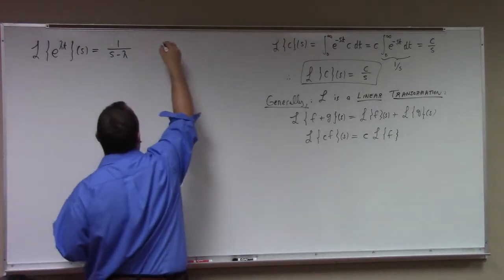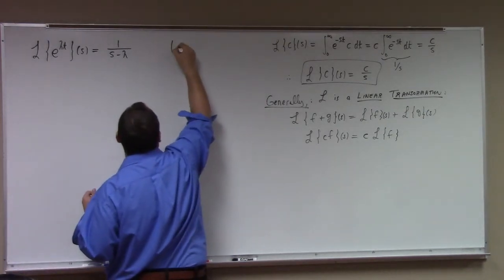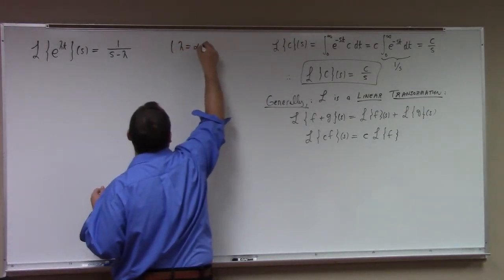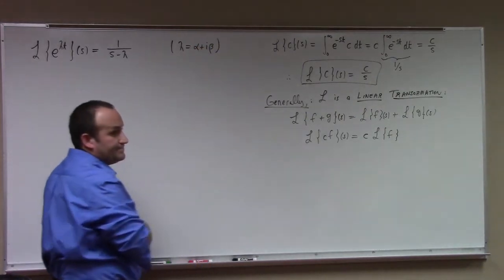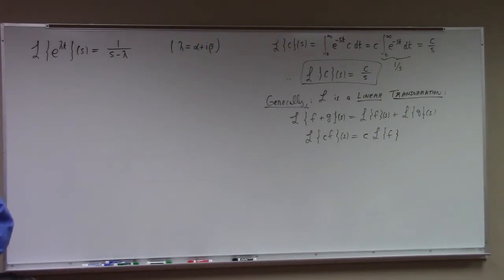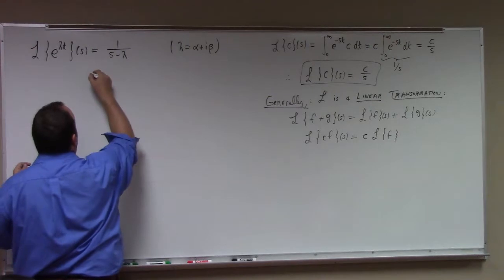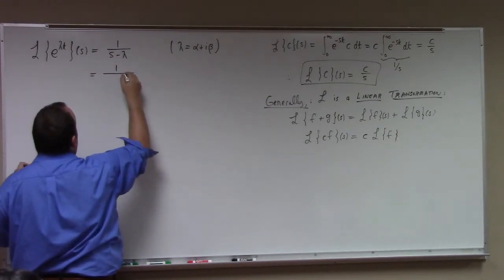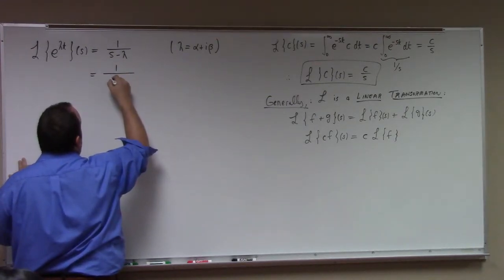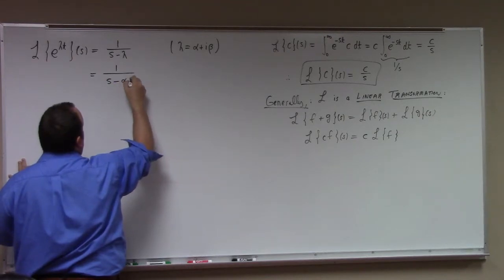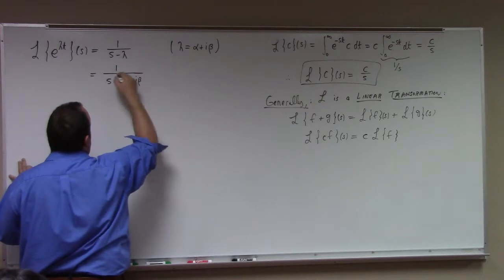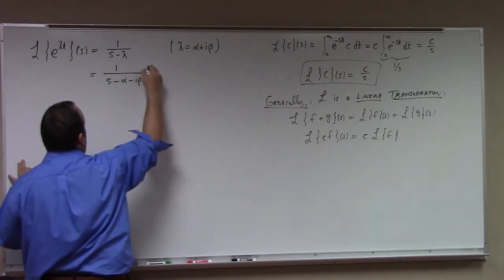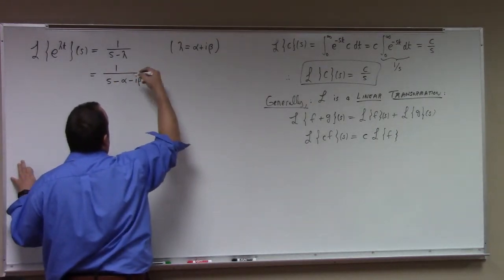In fact, if lambda is equal to alpha plus I beta, the calculations that we went through actually still make sense. So suppose lambda is complex, and let's work out what this looks like then. This is 1 over s minus alpha minus I beta. So if you want to put it in Cartesian form, what do we multiply by?